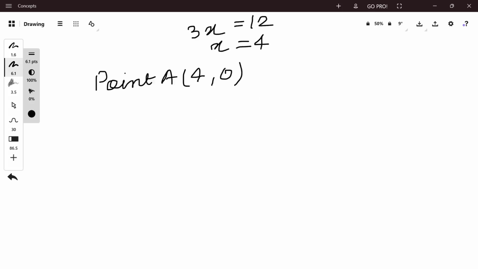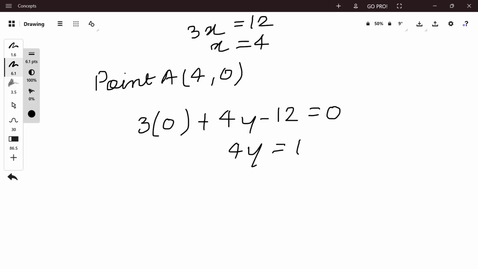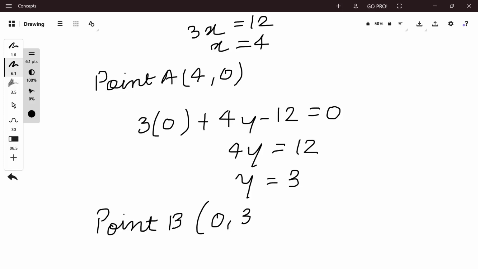At the y-axis, where x is equal to 0, 3 × 0 + 4y − 12 = 0, that is 4y = 12, that is y = 3. So point B is (0, 3).